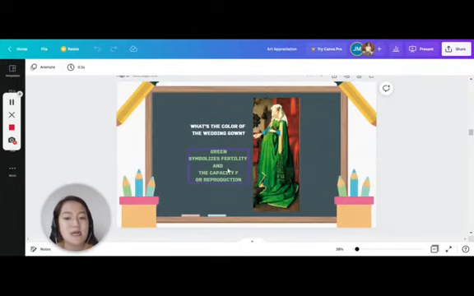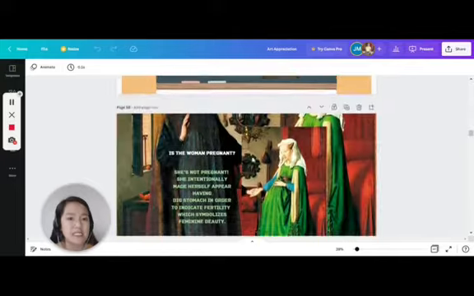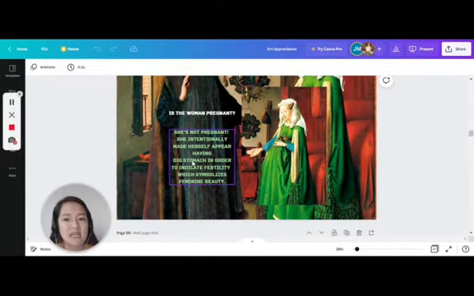The green symbolizes fertility and the capacity of reproduction. But the question is, is she really pregnant? Based on this slide, she's not pregnant. She intentionally made herself appear to have a big stomach in order to indicate fertility, which symbolizes feminine beauty.